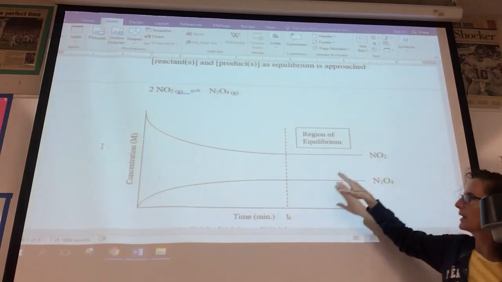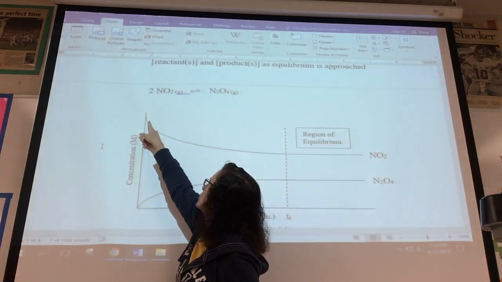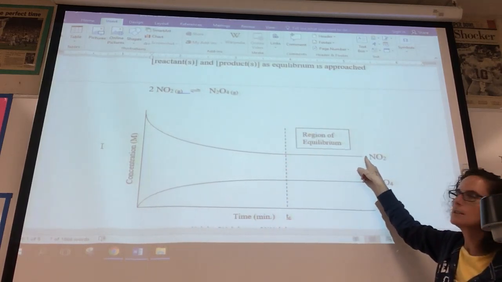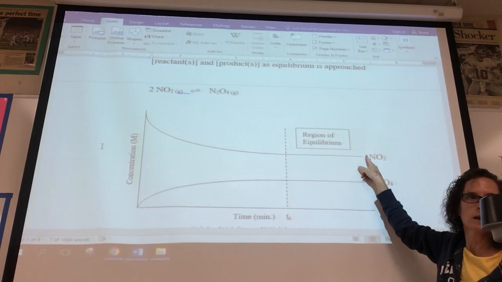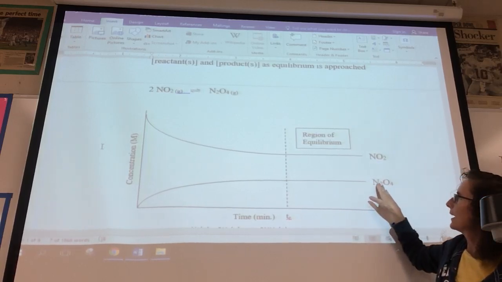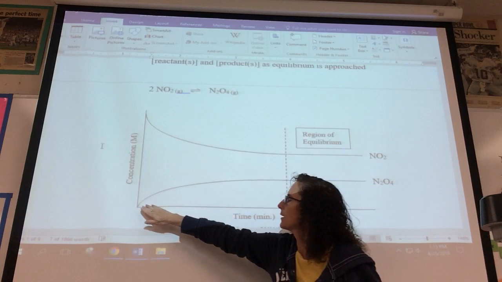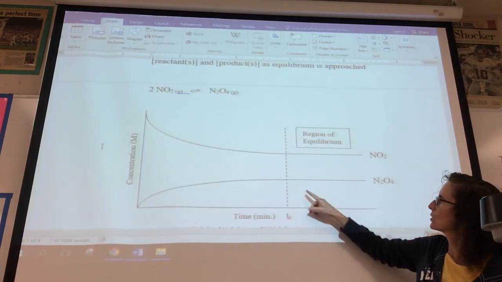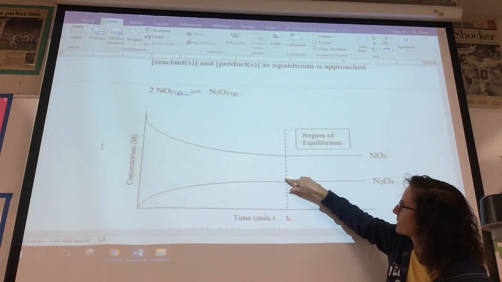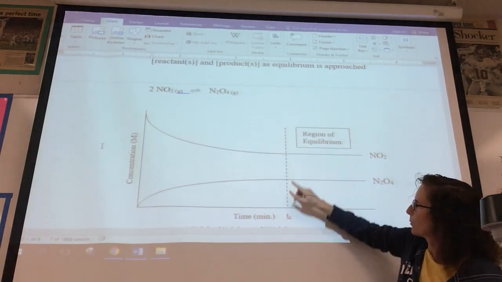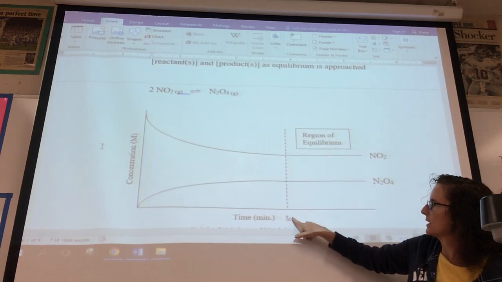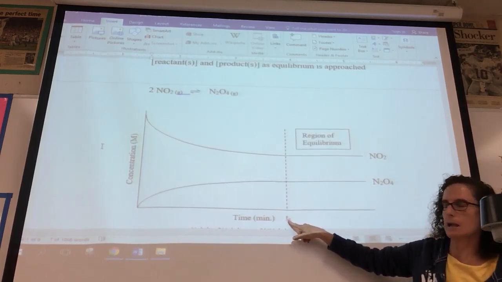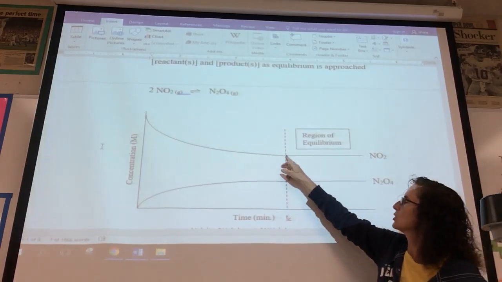Nitrogen dioxide is a reactant, so its concentration will decrease over time, and then you're going to see this plateau. So it's not used up entirely. Dinitrogen tetroxide, a product, will increase in concentration over time until it plateaus. When they're both plateauing, you've got equilibrium, and this is TC, that critical time at which equilibrium is established. So when it plateaus, you've got it.